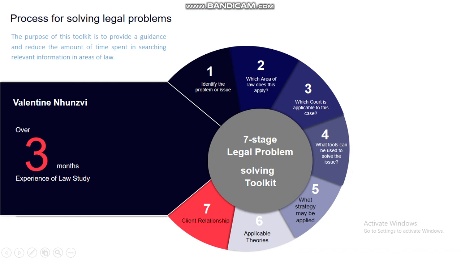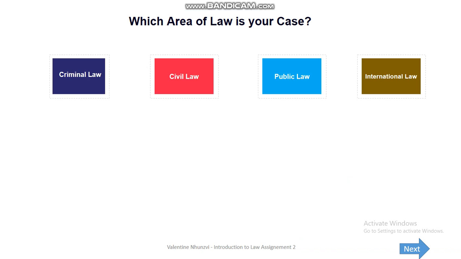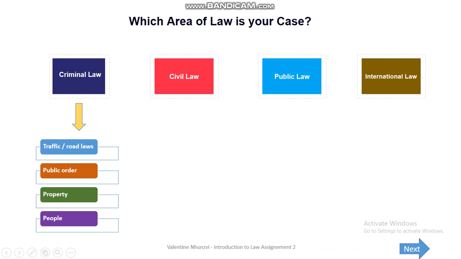So if we click on Section 2, which takes us to which area of law is your case. It divides this into 4 distinct areas: criminal law, civil, public law, international law. Under criminal law, it further differentiates the different types of laws, and here I've given an example of traffic law, public order, property, people.